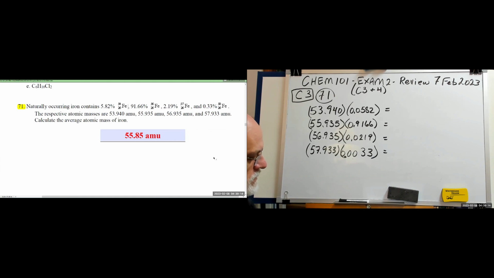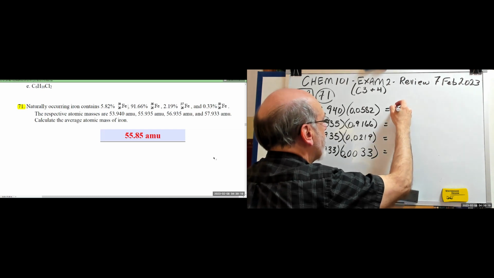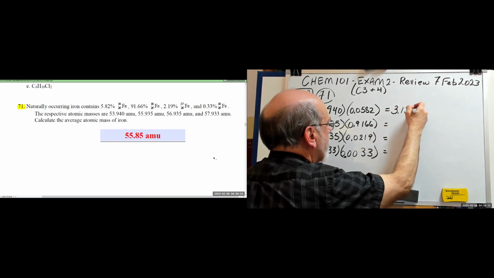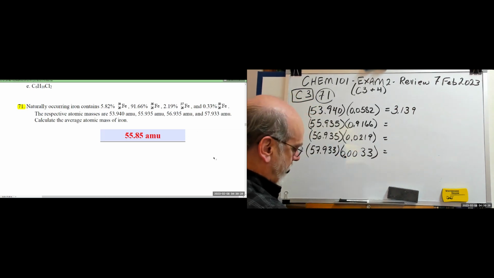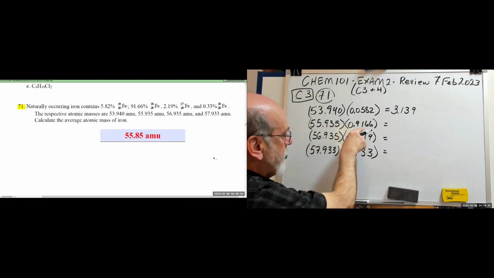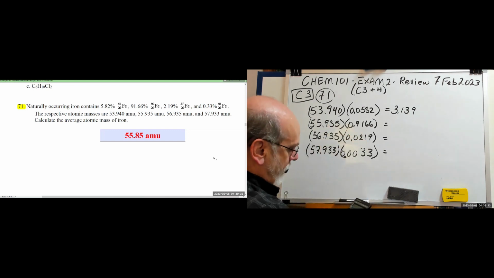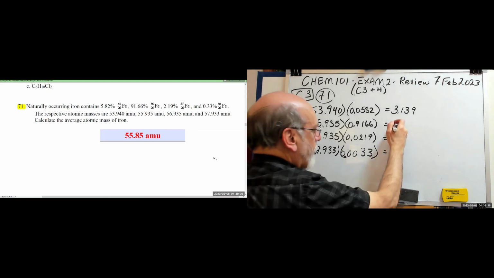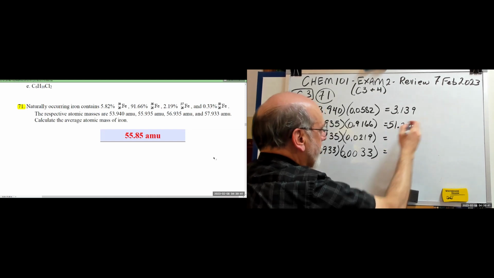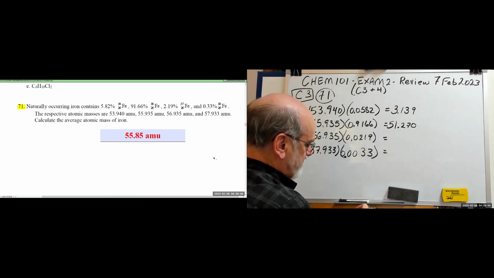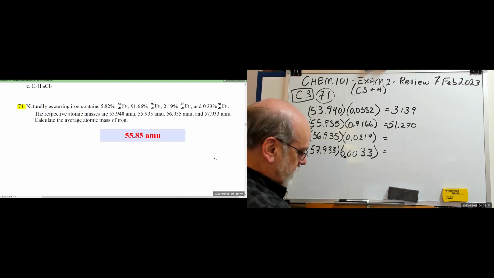53.940 times 0.0582. This is 3.139. This one is 51.270. 56.935 times 0.0219.